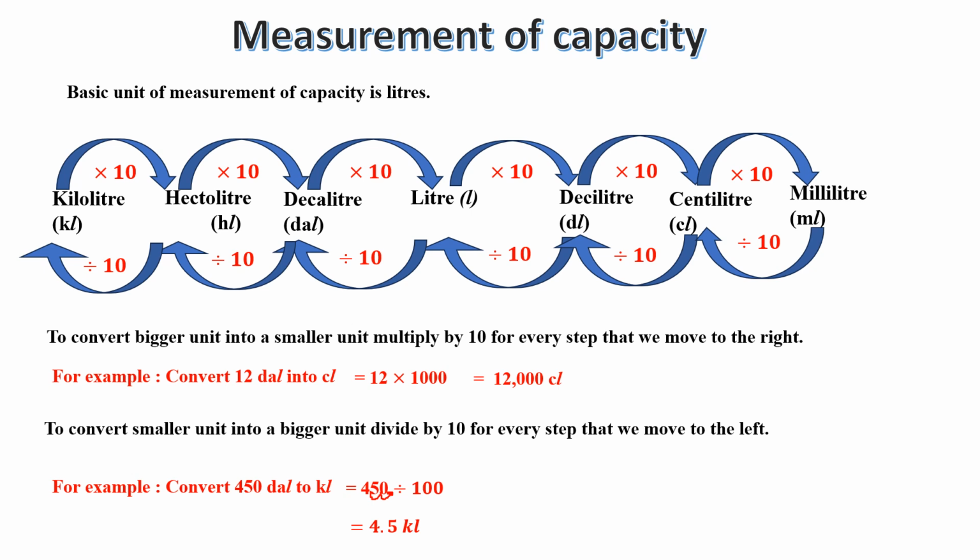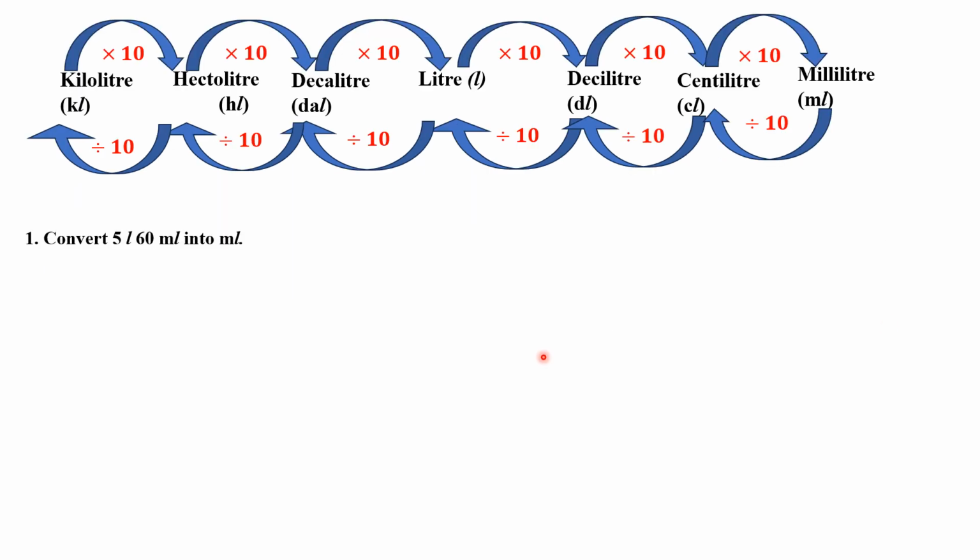Now let's do some questions based on this. So this is the first question. Convert 5 liter 60 milliliter into milliliter. So what I will do, I am going to write it as 5 liter plus 60 milliliter. Now you have to convert liter to milliliter. So you can see liter is here, milliliter is here. To convert it, you have to move 3 times to the right.